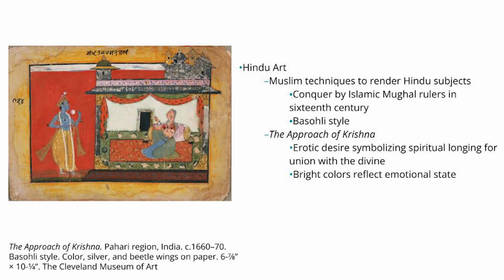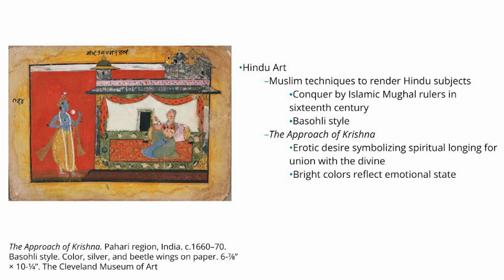Now, moving on from sculpture into painting and drawing, there were Muslim techniques used in Hindu art to render Hindu subjects. This is specifically because of the conquest by the Islamic Mughal rulers in the 16th century, and it is called the Basholi style.